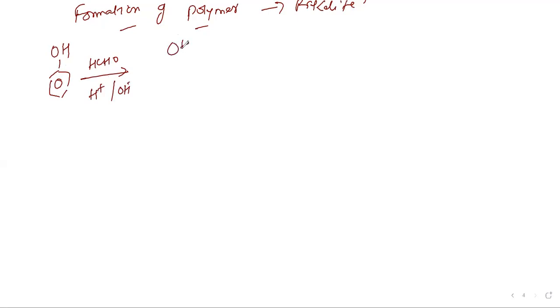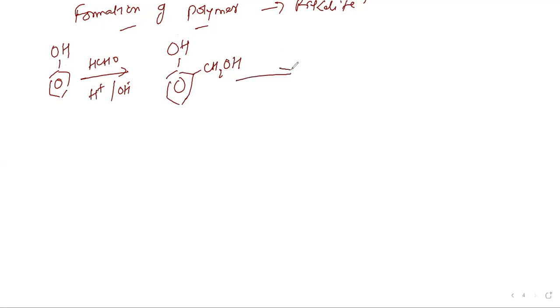Right, we'll look into the formation of bakelite. So you have OH, phenol molecule. You have formaldehyde in presence of acid or a base catalyst. It will form orthohydroxybenzyl alcohol.